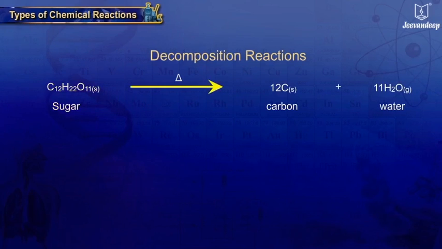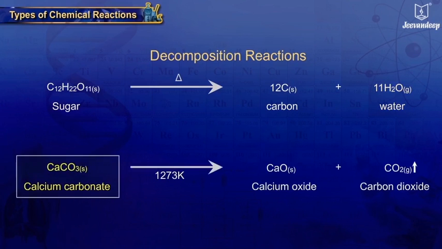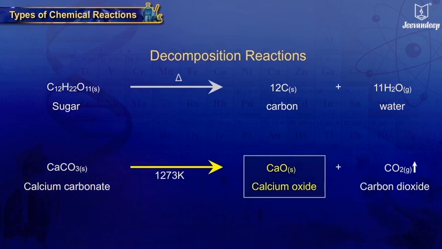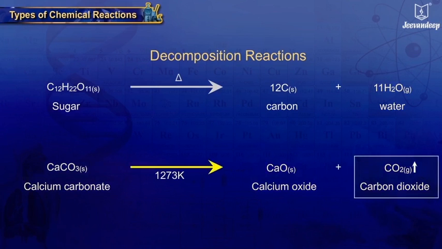Sugar molecule decomposes to carbon and water on heating. Calcium carbonate decomposes to calcium oxide and carbon dioxide on heating at 1273 Kelvin.